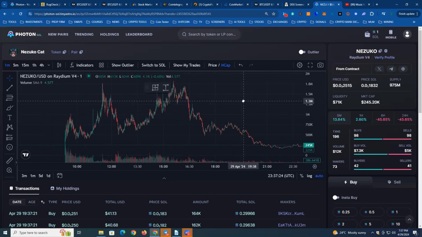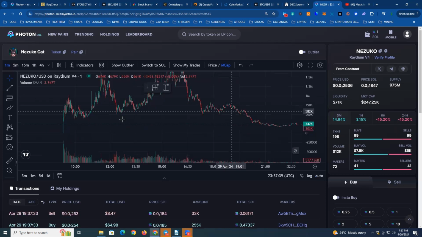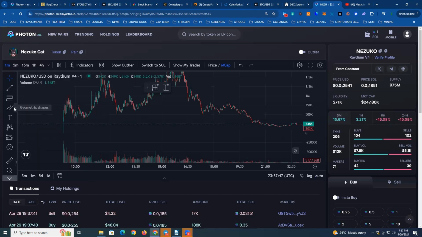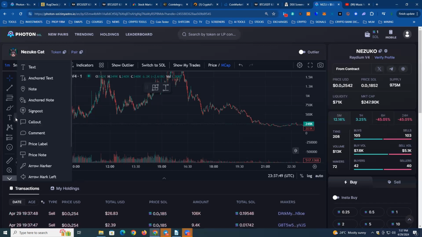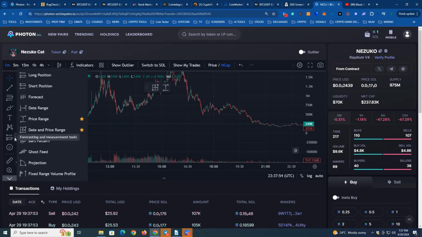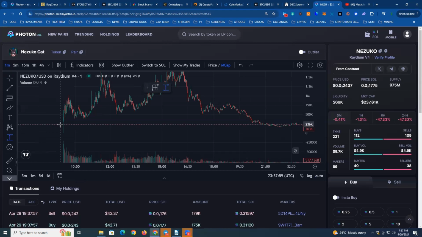For instance, with this particular coin here, we see that in its initial run, it ran straight up to a 1 million market cap. Please note they have a chart interface similar to TradingView, so that should be kept in mind.